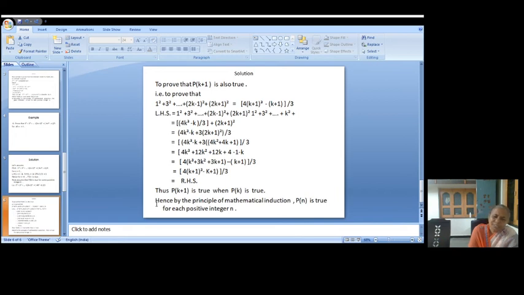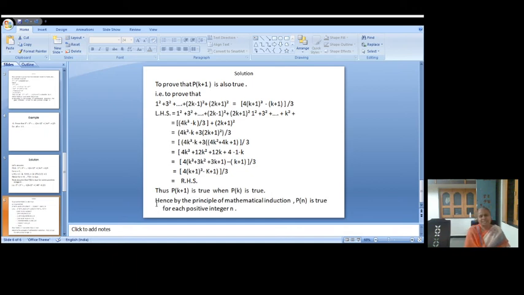Thus we say that P of k plus 1 is true when P of k is true, and therefore using the principle of mathematical induction, the value of P of n is true for each positive integer n.